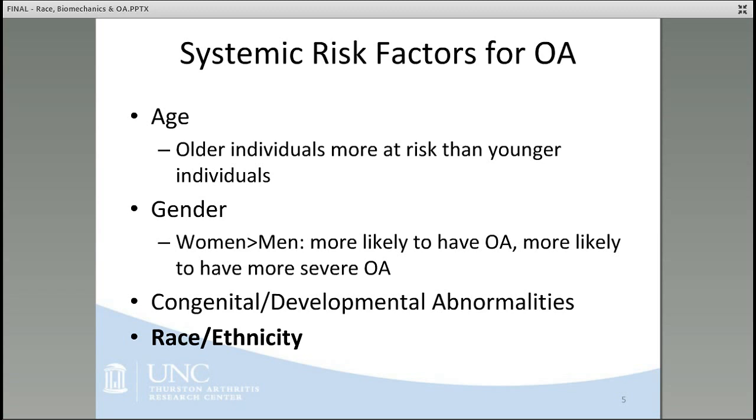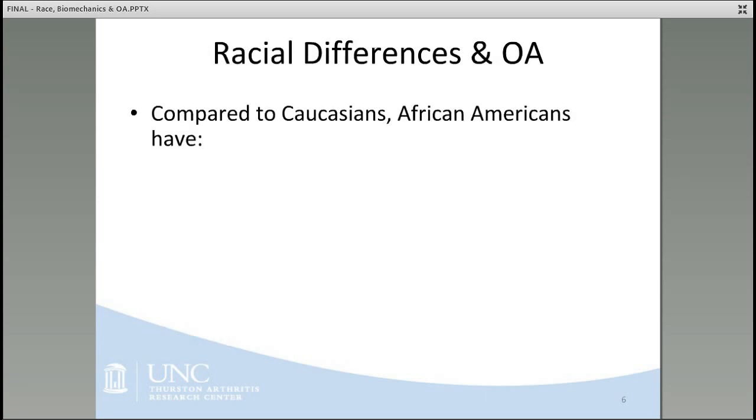Race and ethnicity have also been found to be risk factors, and I'll get into that. So we know that racial differences exist for other diseases already. Cardiovascular disease and diabetes, for instance, those are two examples of diseases with a higher prevalence among African Americans and Latinos compared to non-Hispanic Caucasians.